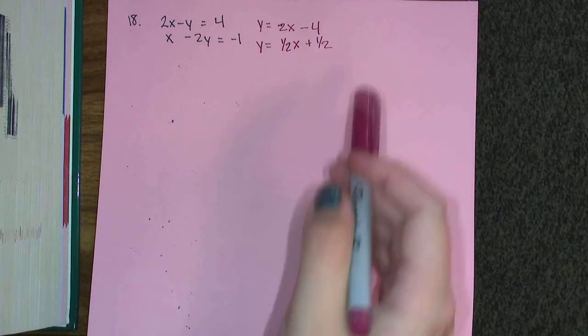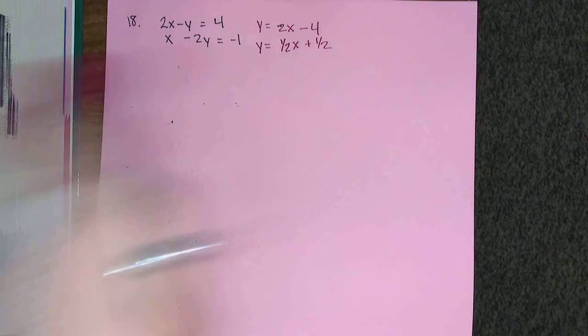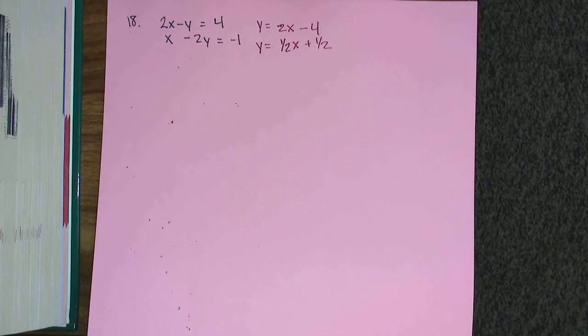Honestly, without even graphing, what do you see is going to be true of this? It's not perpendicular, but does that mean that they don't intersect? They do intersect. Okay, they're not parallel. They're not the same line. So right there, I'm going to save you the time and not even make you graph them.